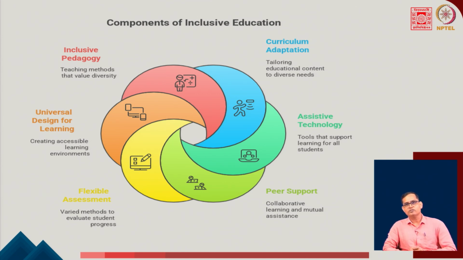Curriculum adaptation is also important in an inclusive educational setting, because it can meet the learning needs of all the diverse learners. Assistive technology is also required in an inclusive educational setup, because assistive technology helps children with disabilities and all the diverse learners to work independently and to meet their educational and other needs.